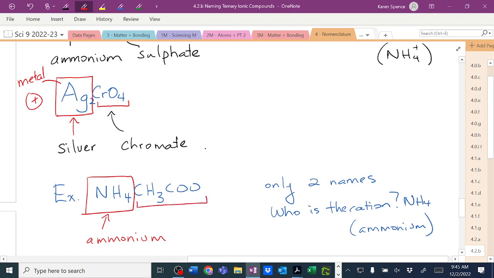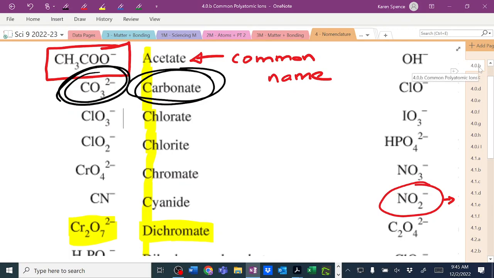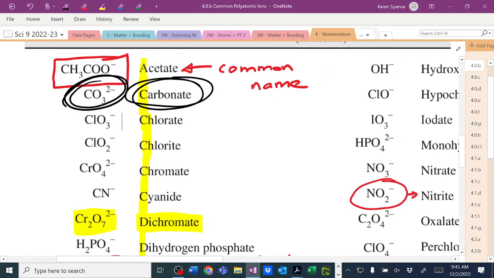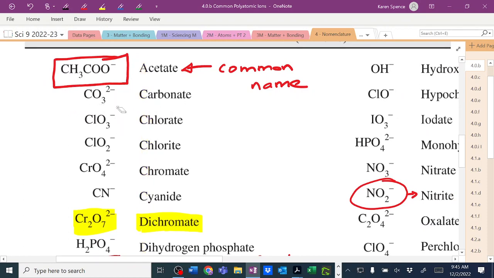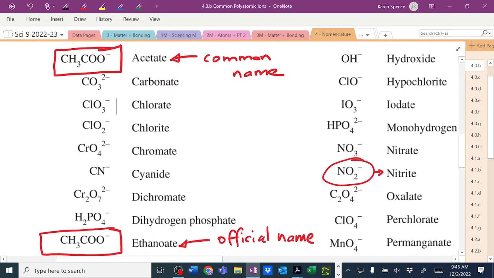And then we've got this CH3COO. It's really long, but it's really just one thing. Okay, whenever you're finished with your cation, the rest of it is all just a single anion. And what is the name of CH3COO? It is acetate. Now this is the one where, if you remember, there were two different names, and you can use either of them. Acetate is by far the most common name.